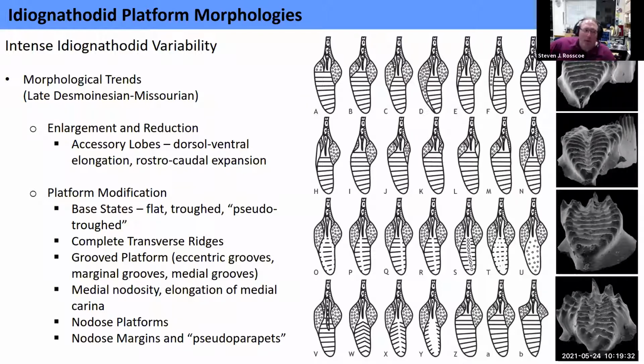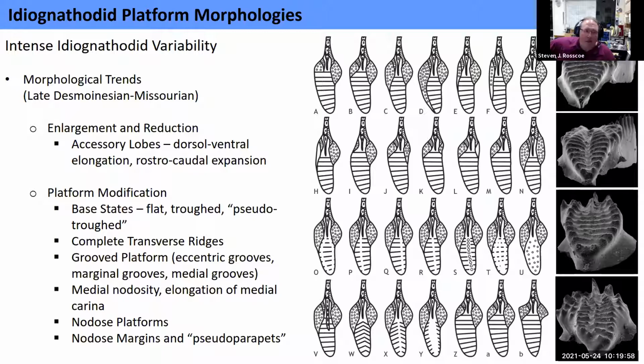What we're going to look for are how big the accessory lobes are. Are we seeing a dorsoventral elongation, or a rostrocaudal expansion, or both at the same time? On top of that, we go from those base states of whether we've got a flat or a troughed, or what I'm even calling now pseudo-troughed for these weird things that try to trough.